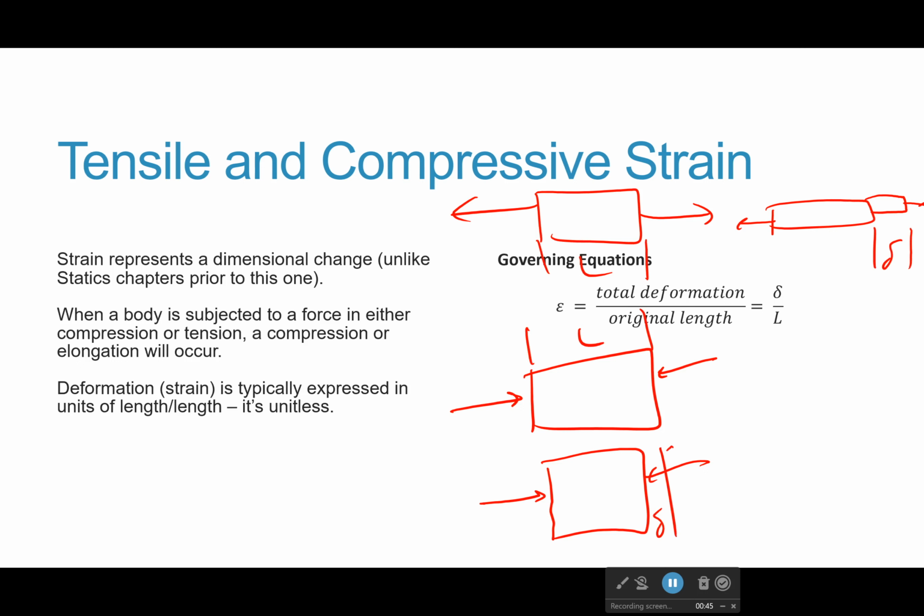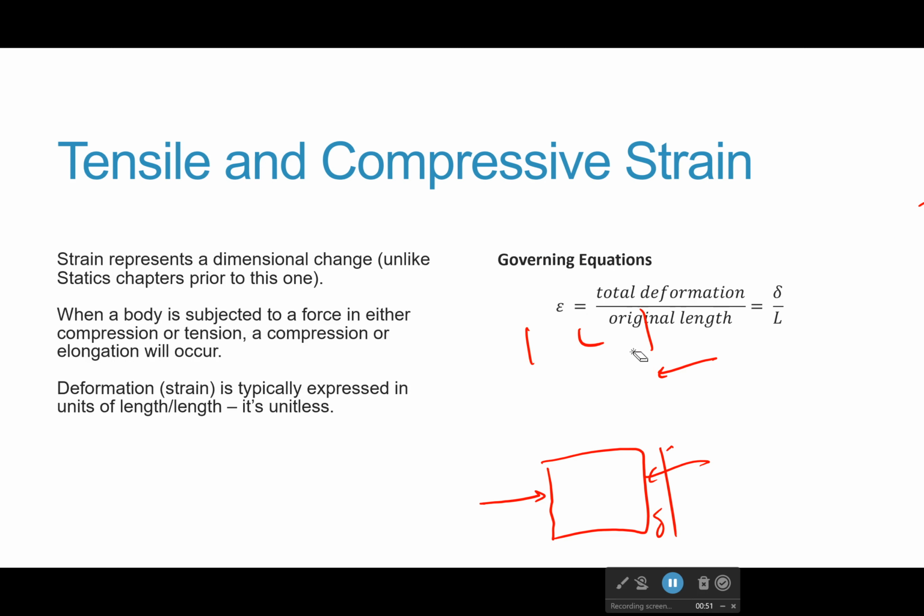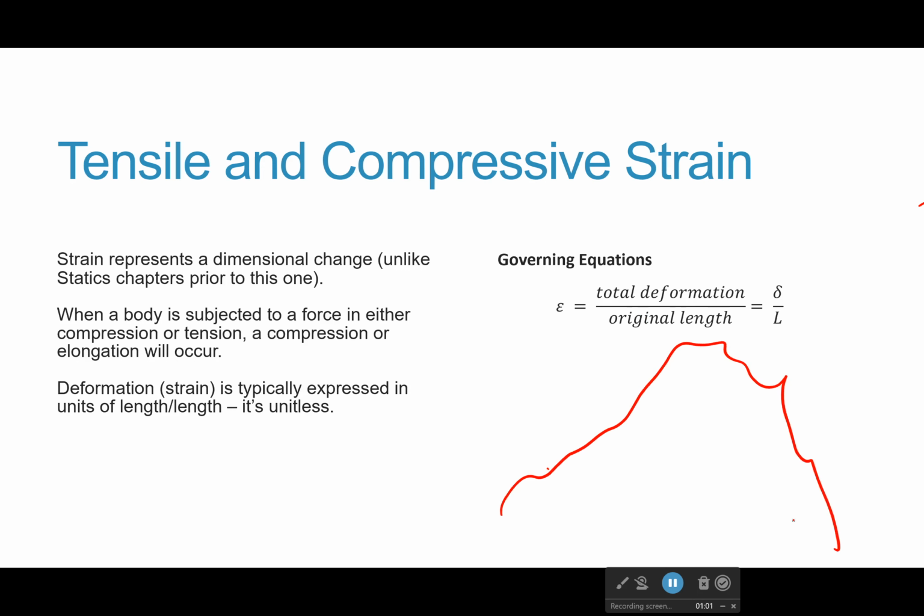Now, strain is how we talk about this, but why do we talk about it in terms of strain? Well, it's very similar to when we're talking about stress. Seeing that a mountain can hold a load of 10 pounds isn't all that interesting.